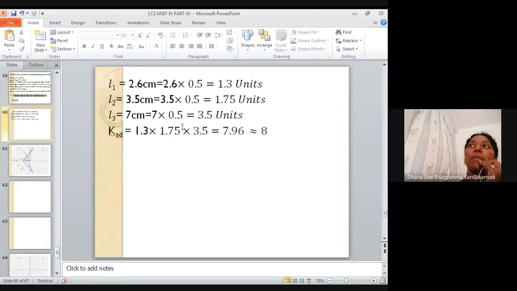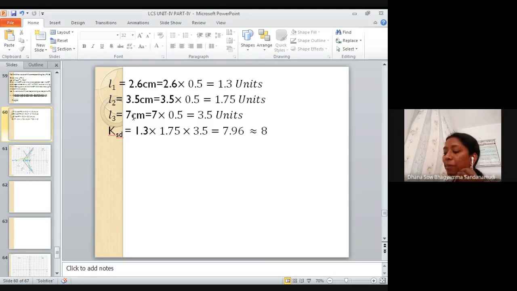Multiplying it, you are converting it into units. Similarly, the length of L3 is 7 centimeters. Multiply it with 0.5.